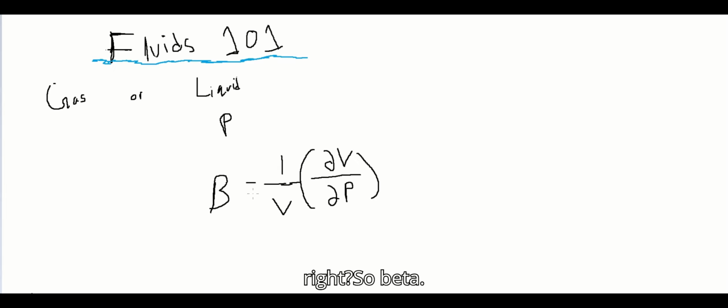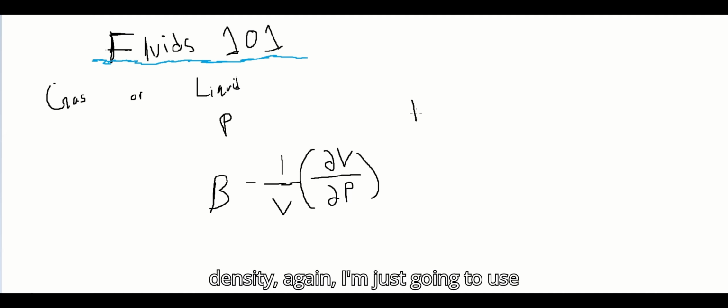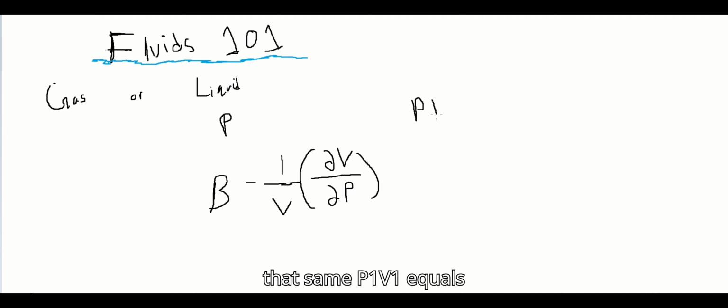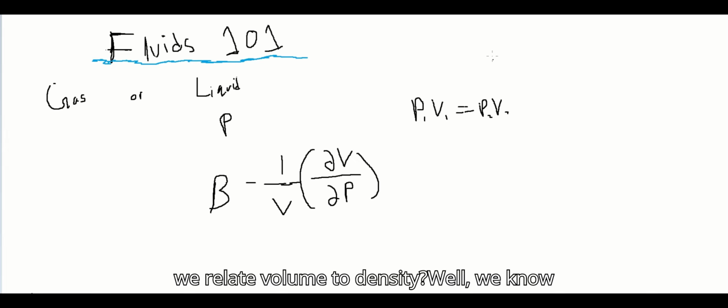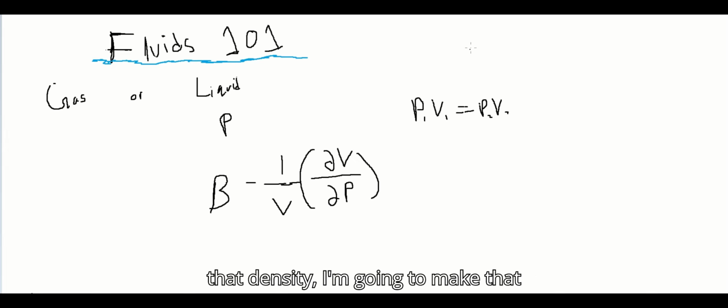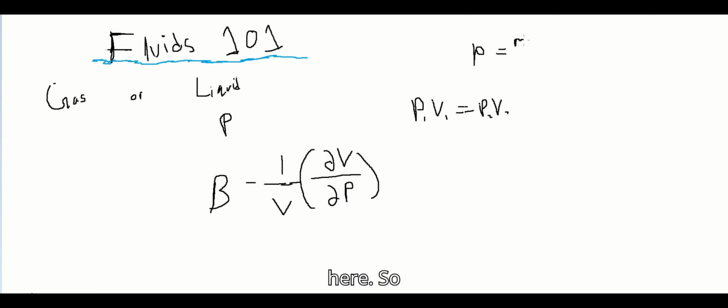This is beta. And if we wanted to write this for density, again, I'm just going to use that same P1 V1 equals P2 V2. How do we relate volume to density? Well, we know that density, I'm going to make that rho, so don't get it confused here. Volume is equal to mass per density.